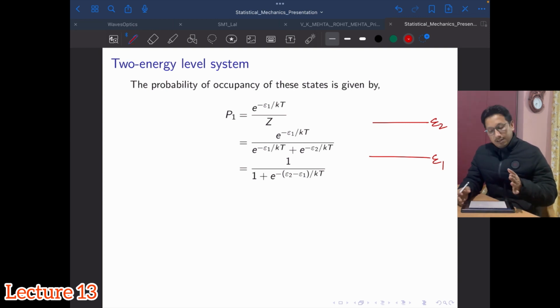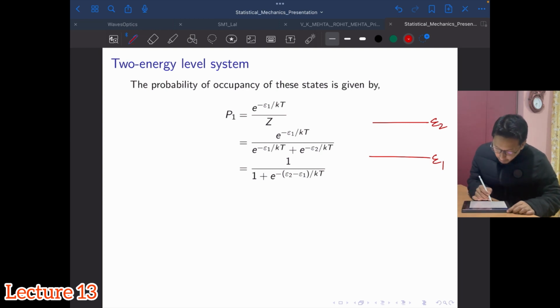You can go back and watch that part of the lecture, and come back if you are not familiar with this expression. That is given by P1, which is e to the power minus E1 by KT divided by the partition function.